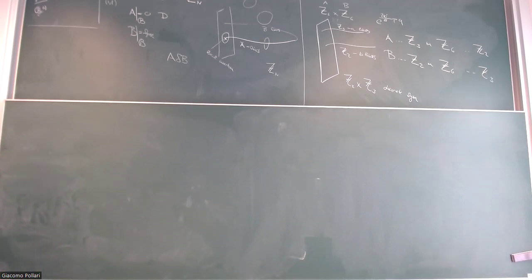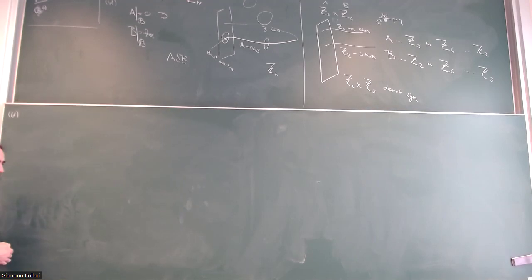So let's analyze that one case in 3D again, but with the real group. So I have two gauge connections, A and B. They are both valued in R.